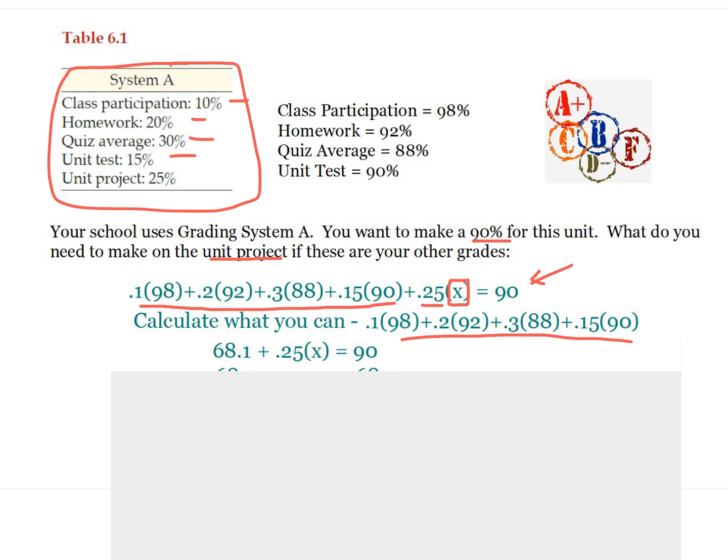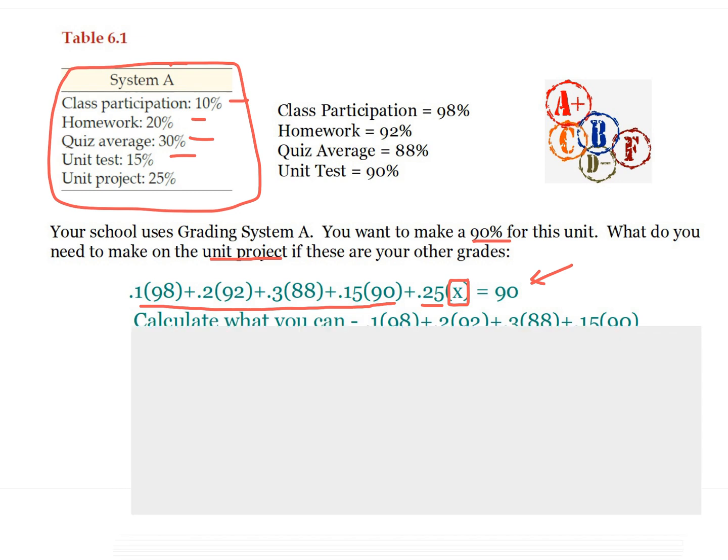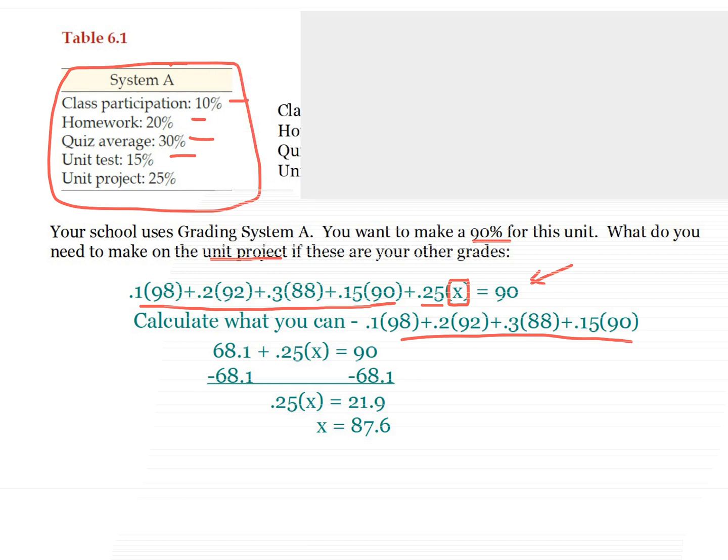And then we've got plus 0.25x equals 90. At this point, we're just solving an equation. So you would subtract that 68.1 from both sides. You'd get 0.25x equals 21.9. And then you would divide both sides by 0.25. So it looks like we need to make an 87.6 or preferably maybe an 88 on our unit project in order to get that average of a 90.